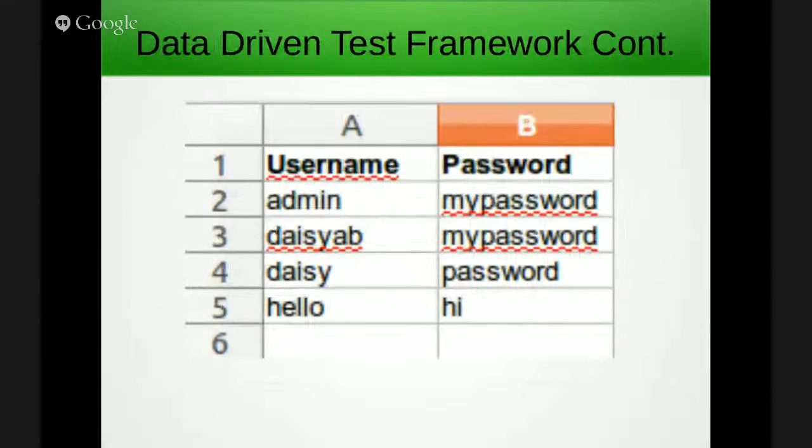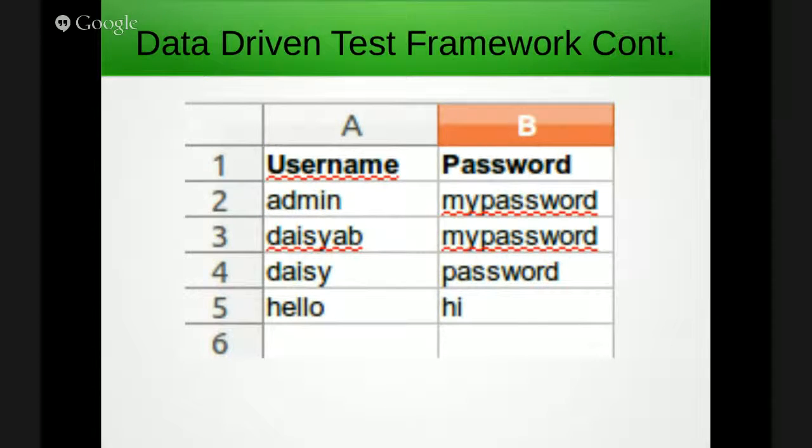Apache POI helps in reading this test data from the Excel sheets. It passes it to the data provider, which provides the data to the test methods. So just one functionality, the login functionality, is going to run 4 times because we have four different test sets.